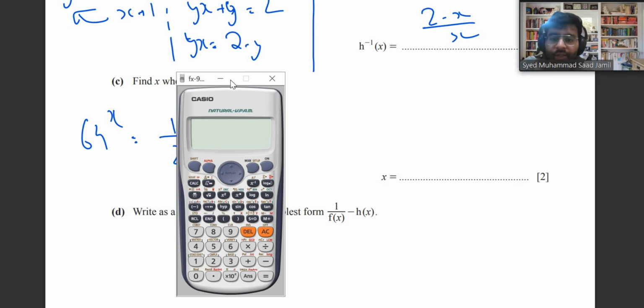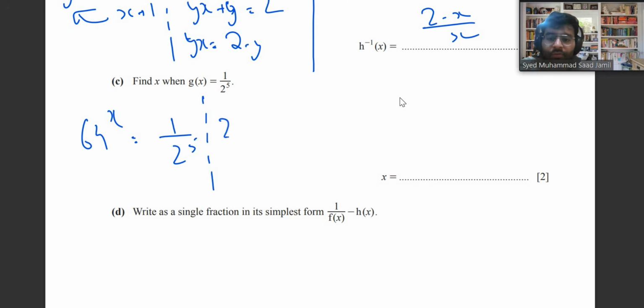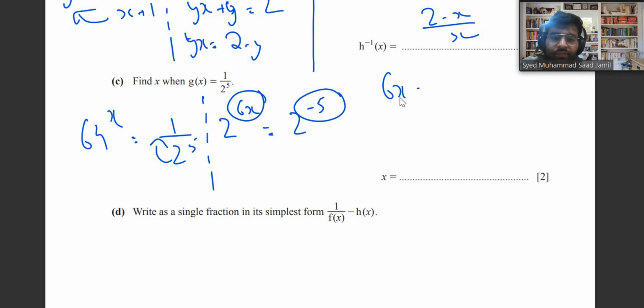So basically I can write 2 raised to power 6. So 2 raised to power 6x is equal to, this 2 will go up there, 2 raised to power negative 5. So 6x is equal to negative 5, x is equal to negative 5 upon 6. So this is how you get negative 5 upon 6.